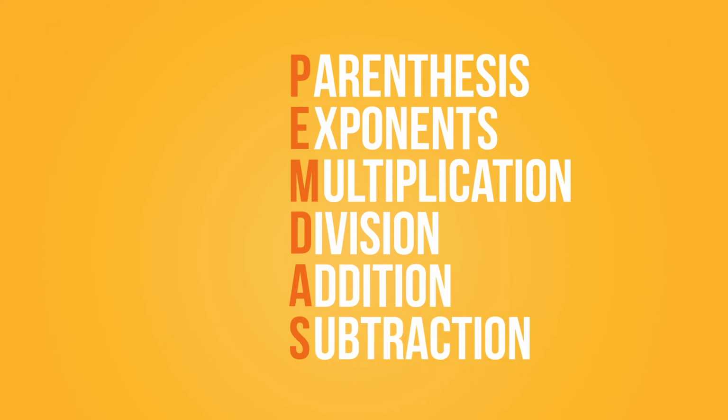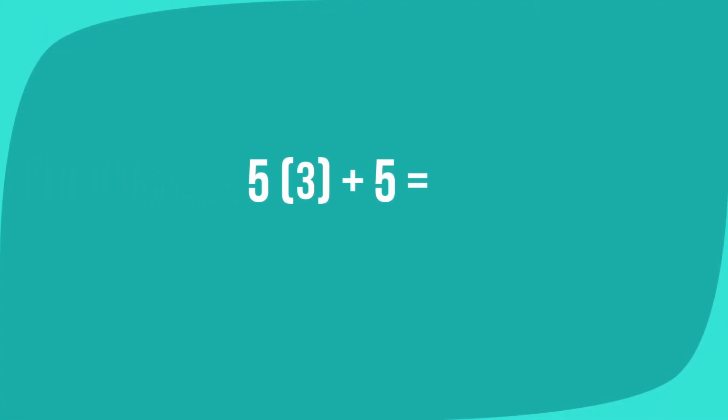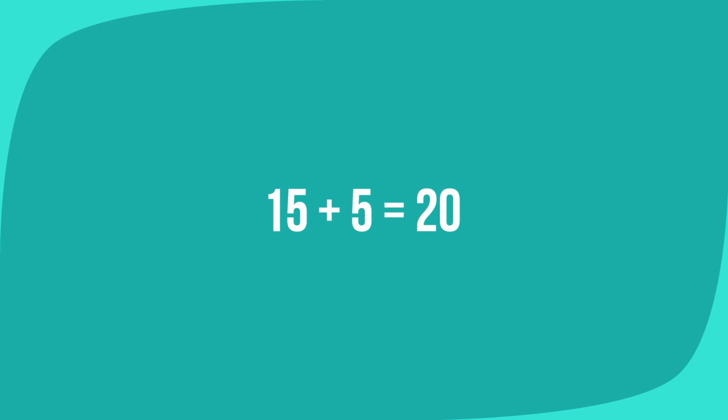In this equation, there's only multiplication and addition. M comes before A, so we have to multiply first, then add up the remaining numbers last. This means we multiply 5 times 3 and get 15. Then add 15 plus 5 and get the output value of 20.